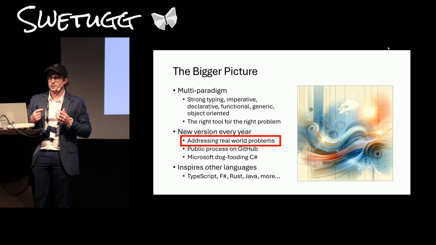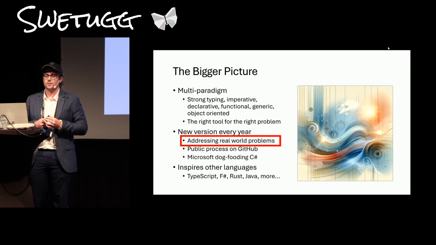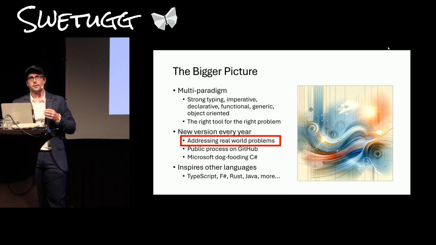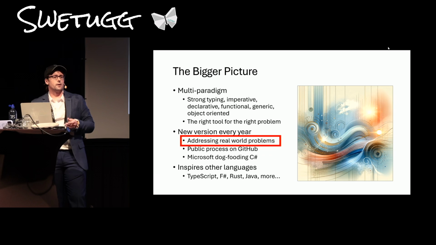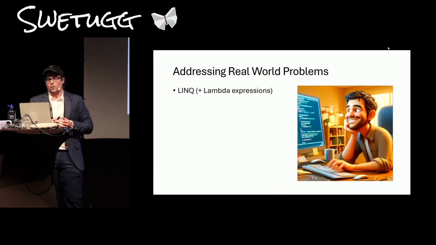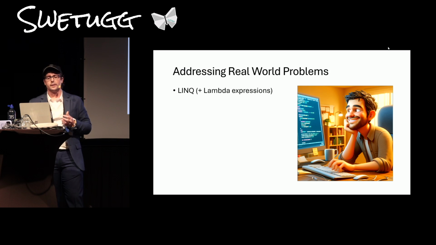But what makes me happy about picking and using C# is that every new version addresses real-world problems. That is very fitting at the time that they're released. So on that topic, LINQ came out at the time where there was a lot of data manipulation and we needed to do logic over big data sets.